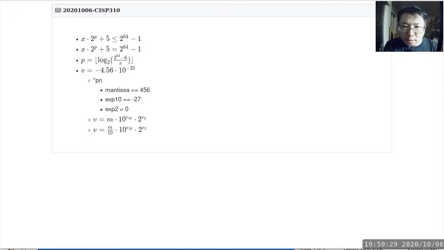So I can add 1 to it, and now I am preserving the value of V, because the division by 10 is canceled out by the exponent of 10 being 1 more than what it used to be. And that's how we can gradually turn the exponent of 10 to a 0.